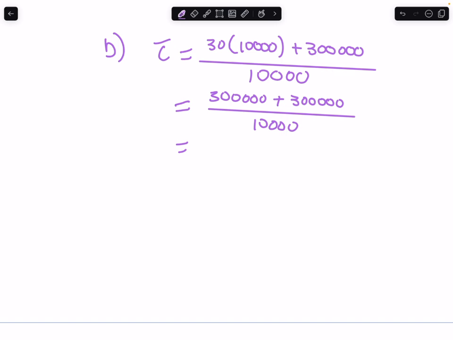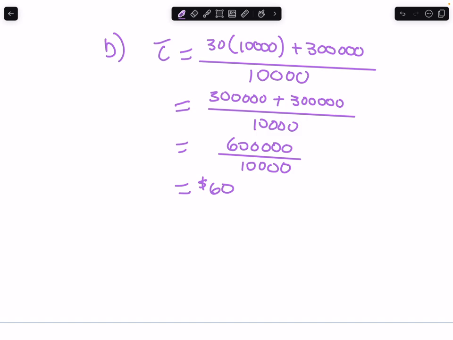So our numerator is 300,000 plus 300,000, which is 600,000, divided by 10,000. And 600,000 divided by 10,000 is 60. So the average cost per pair of shoes, if they produce 10,000 pairs per week, is $60.